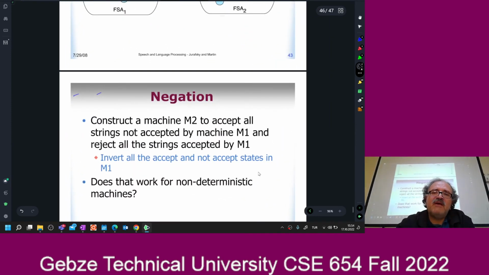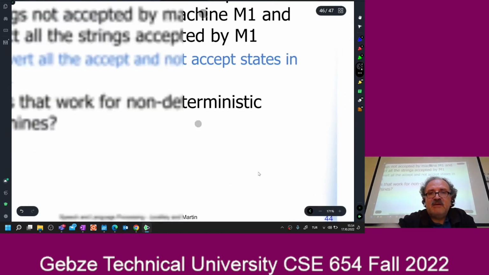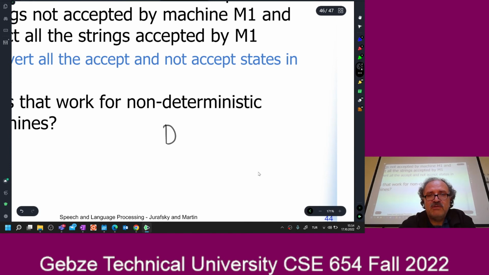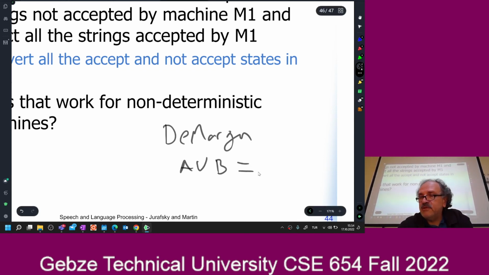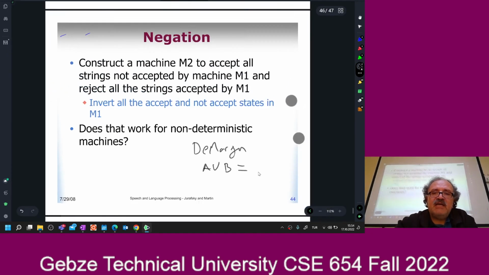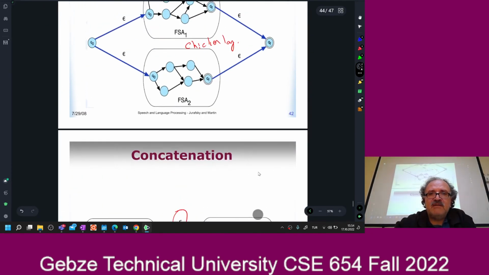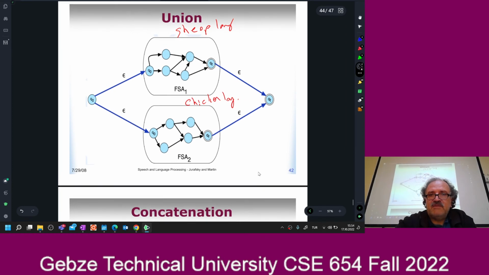So why am I after this kind of weird stuff? Why am I trying to do this negation thing? It is because of this. Remember De Morgan's laws? What does it say? A union B is equal to, I can do A union B, union of this one and this one.